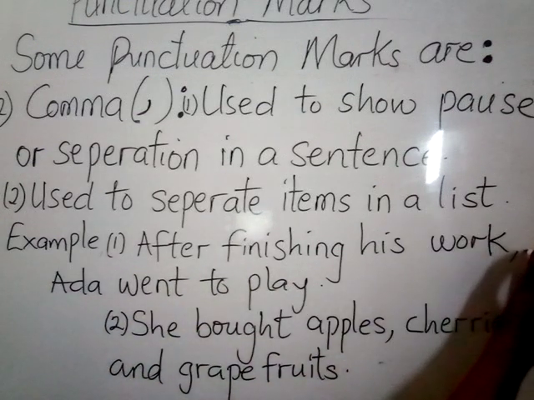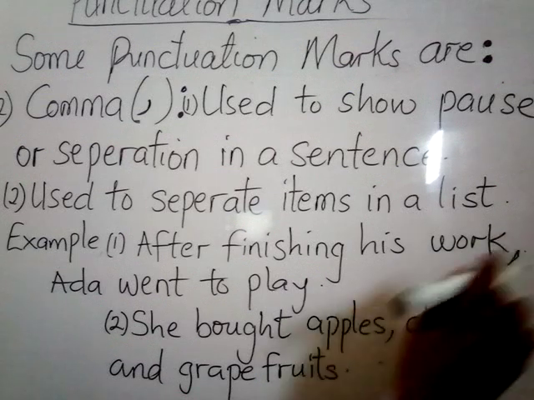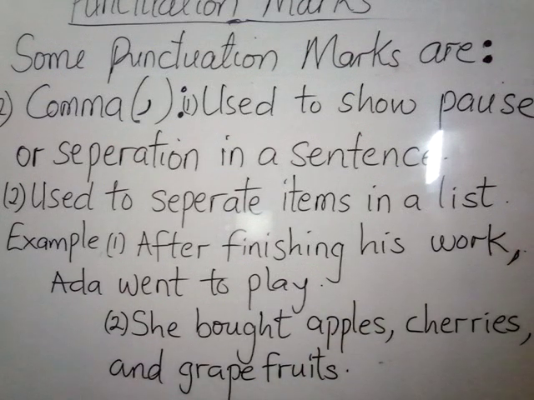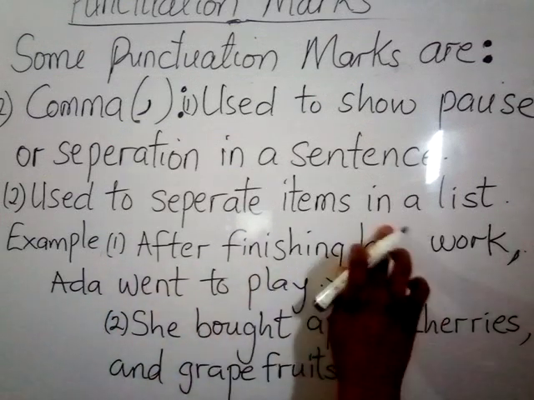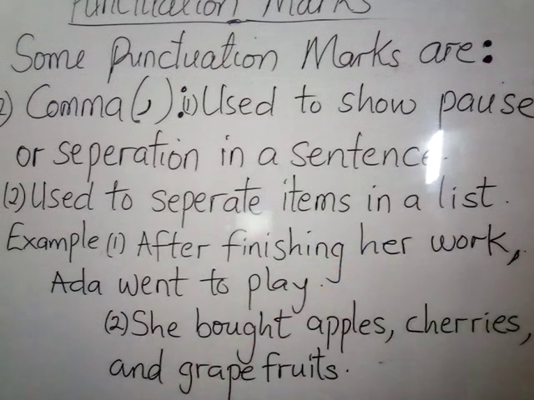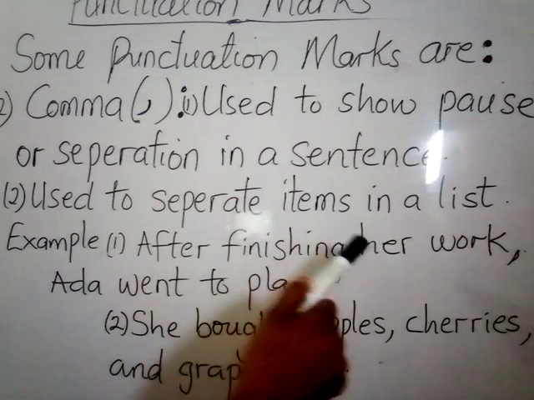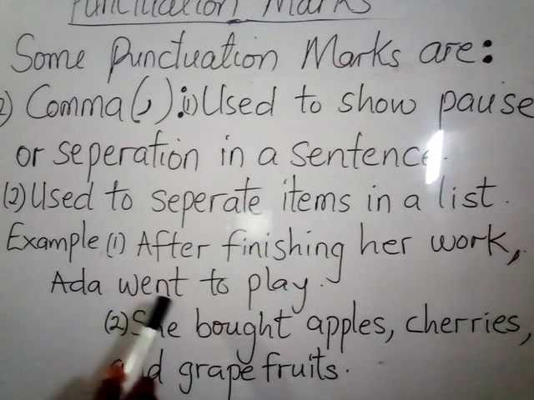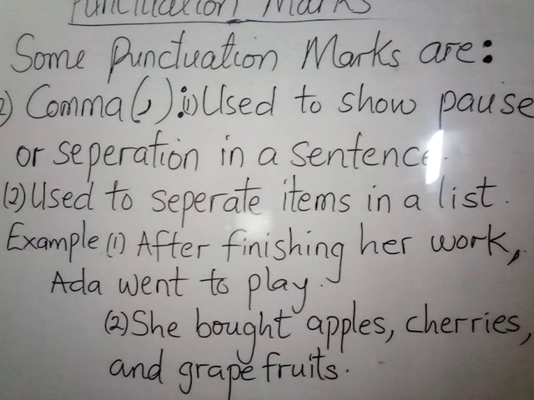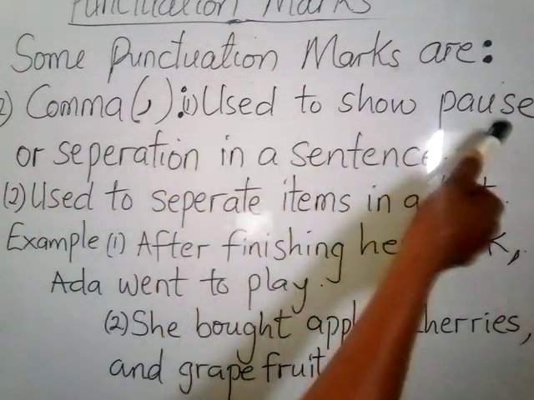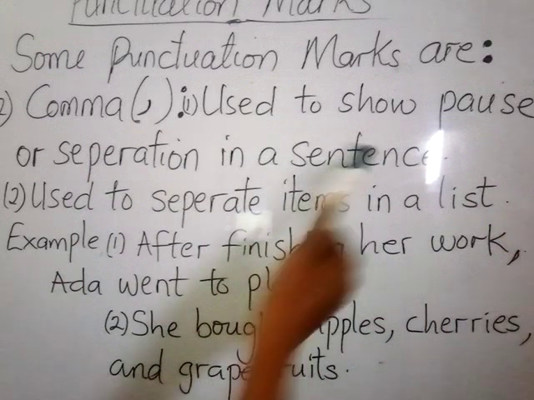Okay, you can see that even when you are saying the words, when you get to work, there's a kind of pause. So a comma comes in there. After finishing, this ought to be her because Ada is a girl. After finishing her work, Ada went to play. You see, after work there is a pause, and that means a comma has to come in there. That's what this first one is saying, that it's used to show pause or separation in a sentence.